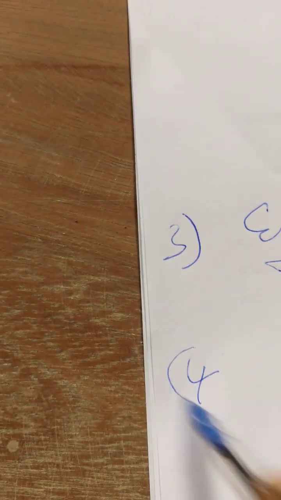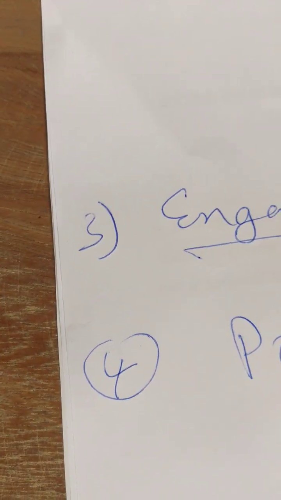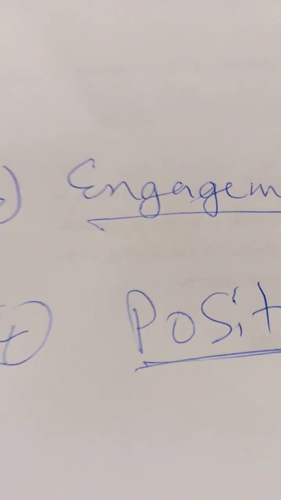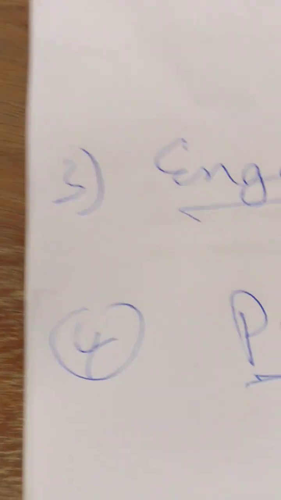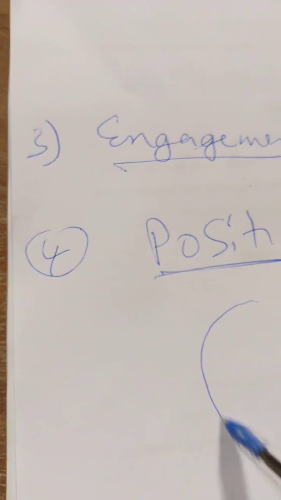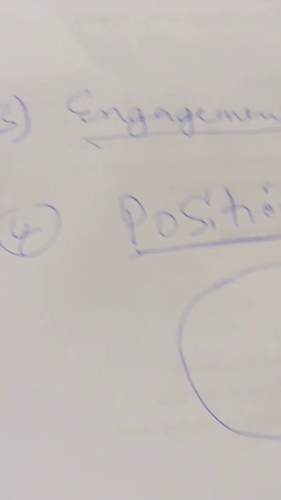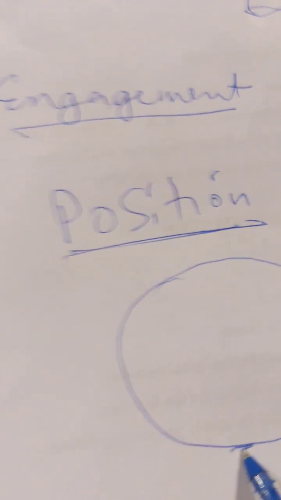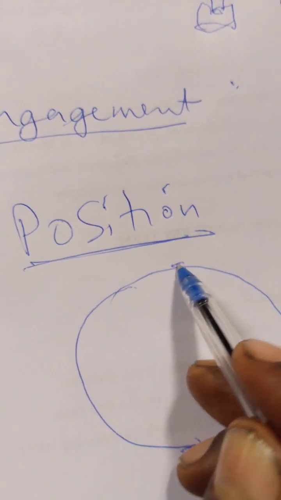Number 4, position. What then do we refer to as position when it comes to obstetrics? I want to take this small sketch. Let's look at the pelvic cavity. It is round. This is the front, and that is the back, and these are the sides.